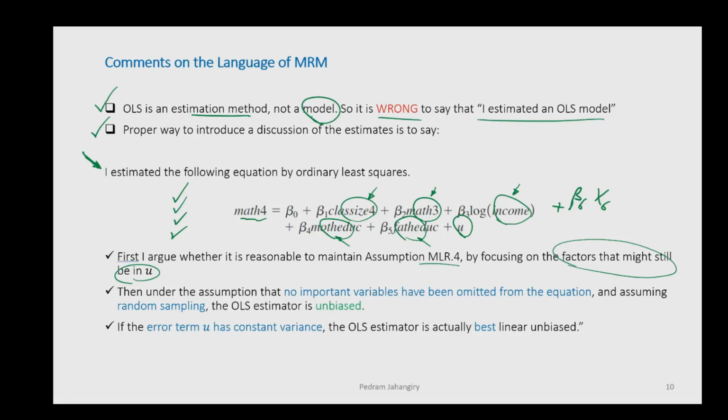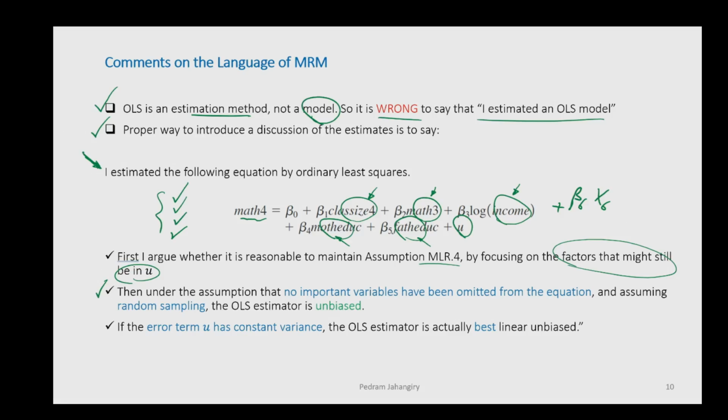Because if you add an irrelevant variable, something will happen to the unbiasedness and the variance. If you drop some relevant variable, the model is going to suffer from omitted variable bias, right? So the purpose of this chapter was to help you with correct specification of the model, neither under-specified nor over-specified, right? Then basically you say, okay, if these four assumptions are valid, then the model is unbiased.